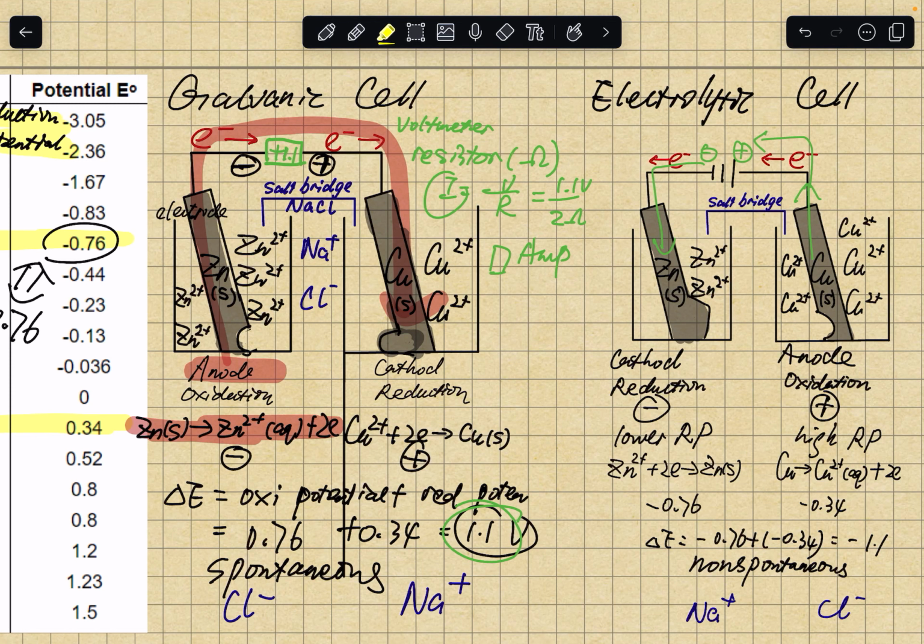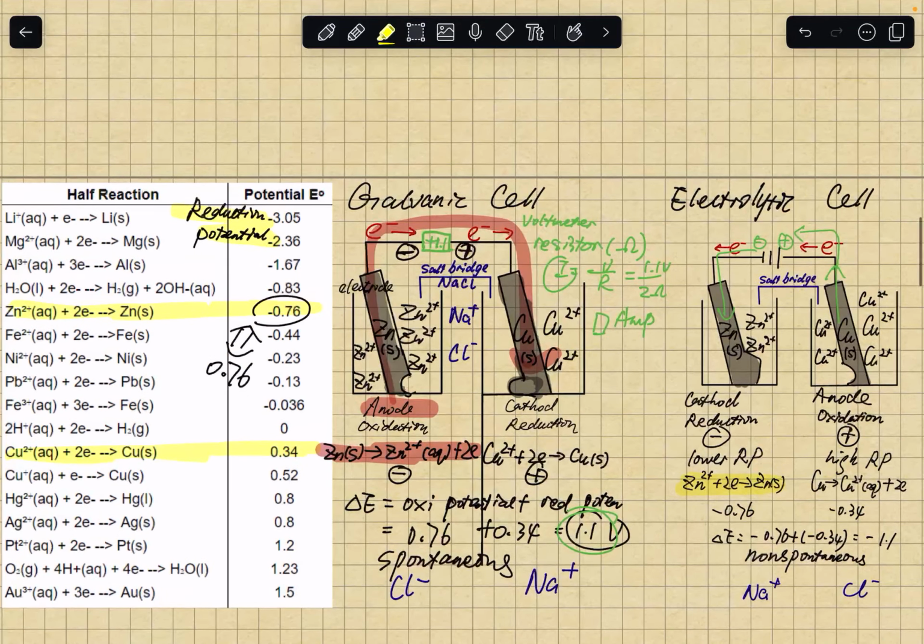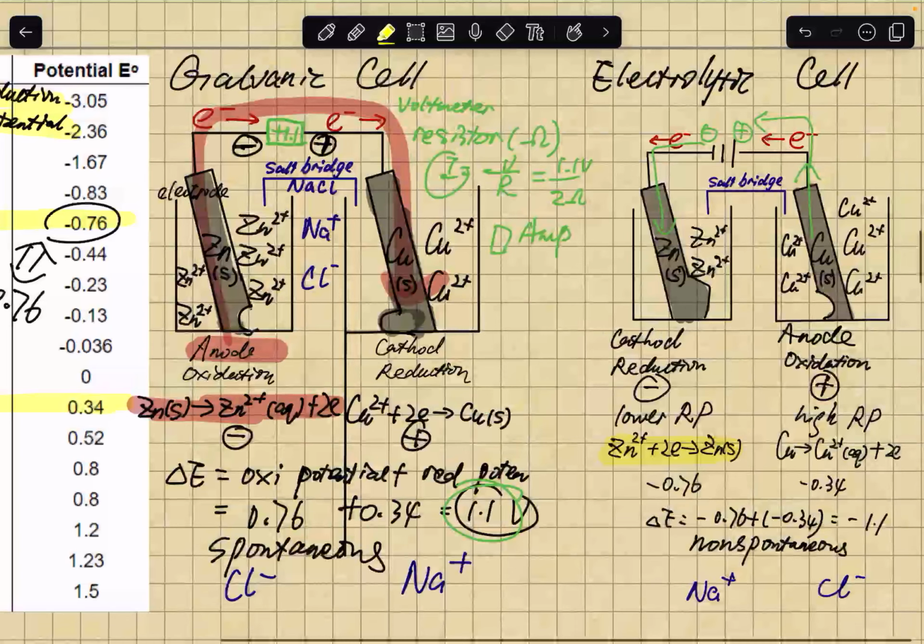But the difference is that in the reduction reaction now, it's the zinc that's getting the electrons and being reduced, right? This is counterintuitive because zinc really has a lower reduction potential, as you see from the table on the left. So zinc has a lower reduction potential, but it is being reduced in the electrolytic cell. And copper, on the other hand, is being oxidized, even though copper has a higher reduction potential, right?